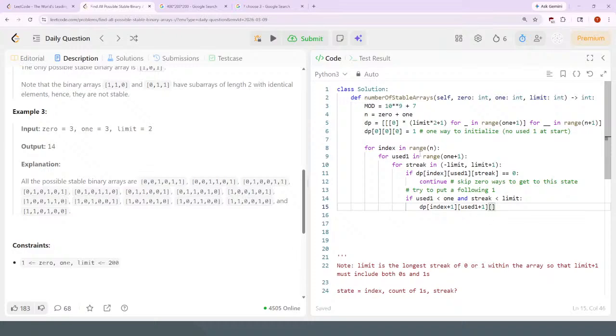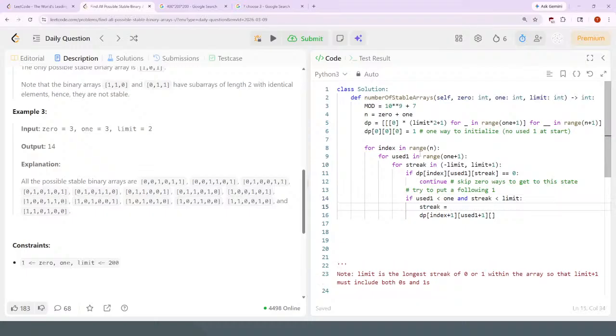The streak should be 1. It should be the minimum. If the streak is negative, it should become 1. If the streak is positive, it should become streak plus 1. So streak should equal 1 if streak is less than 1, else it should become streak plus 1.